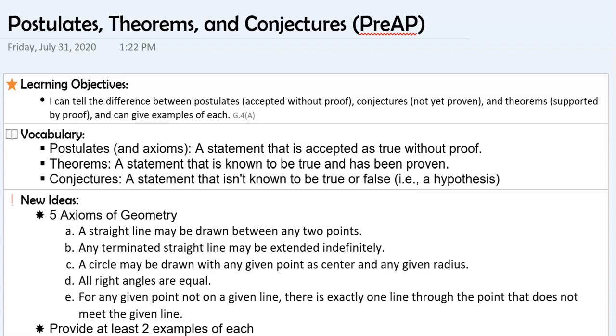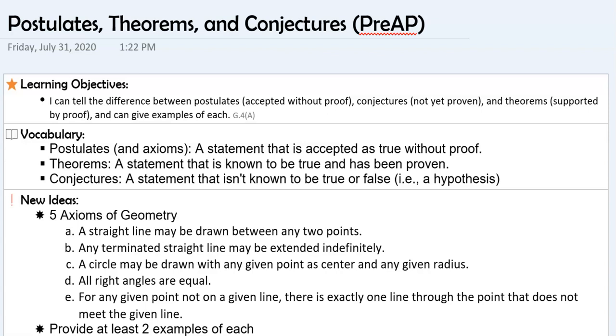Theorems, on the other hand, are statements that are true, but they have to be proven first. So the big thing in mathematics is that you can't just say something as a fact, unless it is a postulate, which is a very small category of true statements in math and geometry. Theorems have to be proven first.